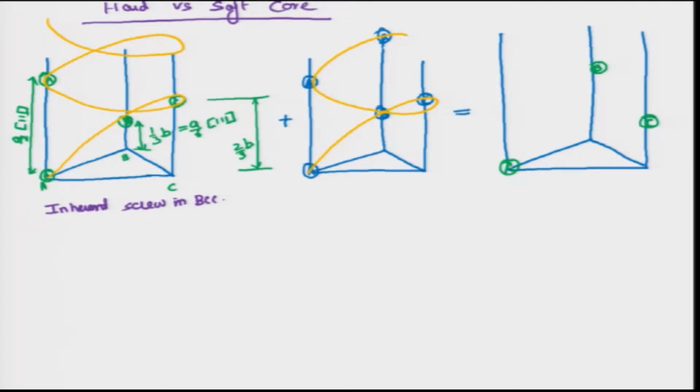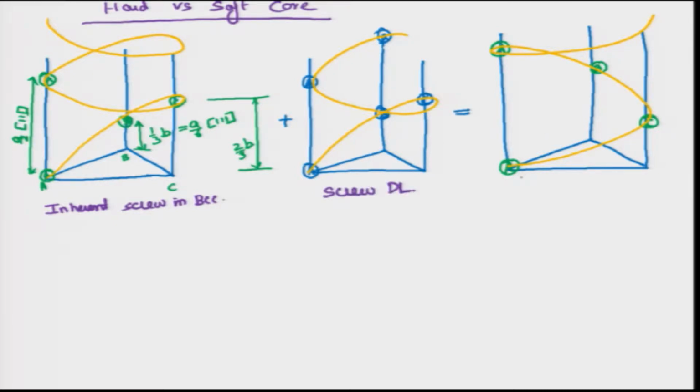Now, what happens here? You see this is 0, this is 1 by 3 b, this is 2 by 3 b and there will be a, okay, let me first write it. So, this is equal to 1b and therefore, what we get is still a screw dislocation.